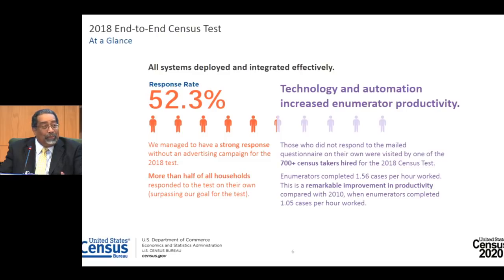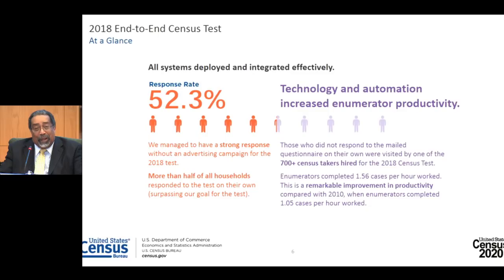We were able to optimize routing of field staff assignments instead of each enumerator randomly driving non-optimized routes. We were able to deliver assignments electronically and collect completed electronic questionnaires in a way that kept them secure when on the instrument, secure in transmission, and secure when collected by the Census Bureau.